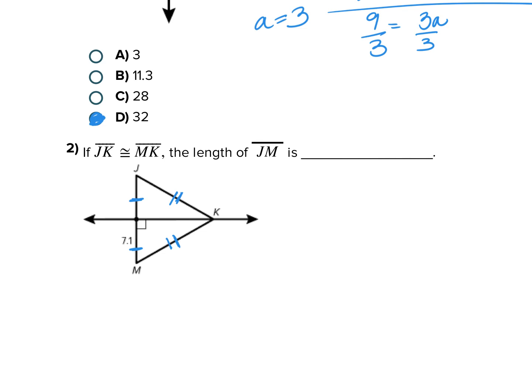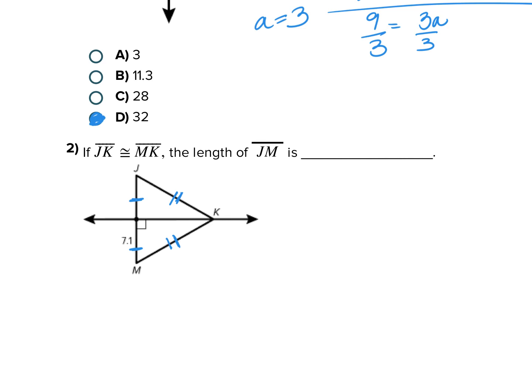Because again, as I said in our previous example, we have side angle side. In this case, technically, it is hypotenuse leg, but either way, I have the same picture. I have a perpendicular bisector.